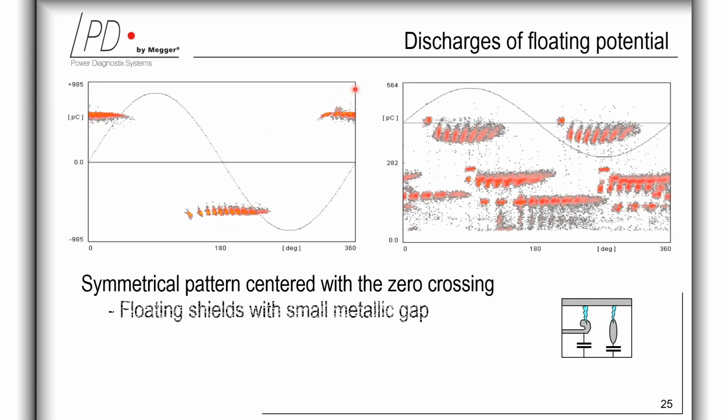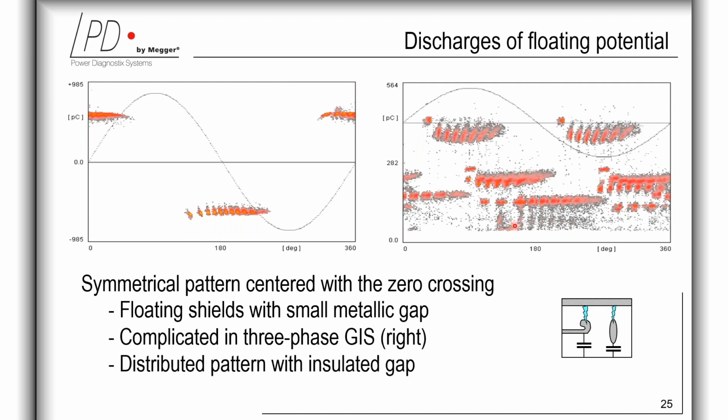Whereas this pattern on the right-hand side is from a gas-insulated switchgear. Here you can separate each of the 3 phases by means of a 120-degree phase shift. And here each stripe represents the delay in the partial discharge signal. This is due to the availability of starting electrons at the point where the avalanche starts. Compared to the pattern on the right-hand side, here you have low availability of starting electrons.